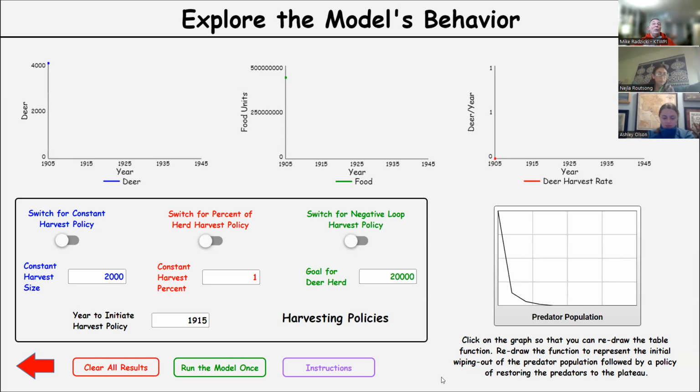All right. So my thinking as a system dynamics modeler at this point is that reintroducing the predator population or having a constant harvest size may work, but it's fragile.